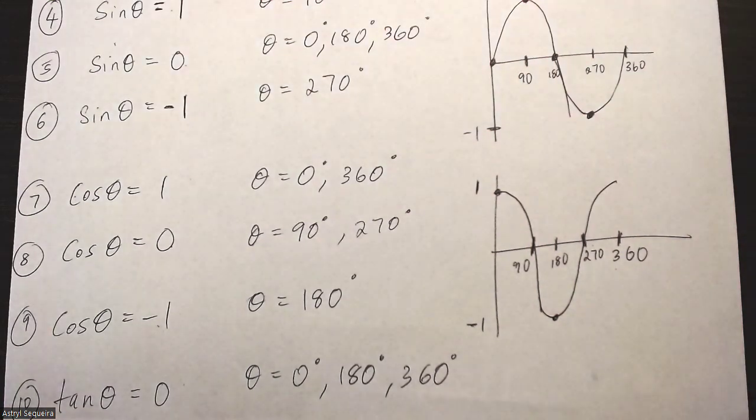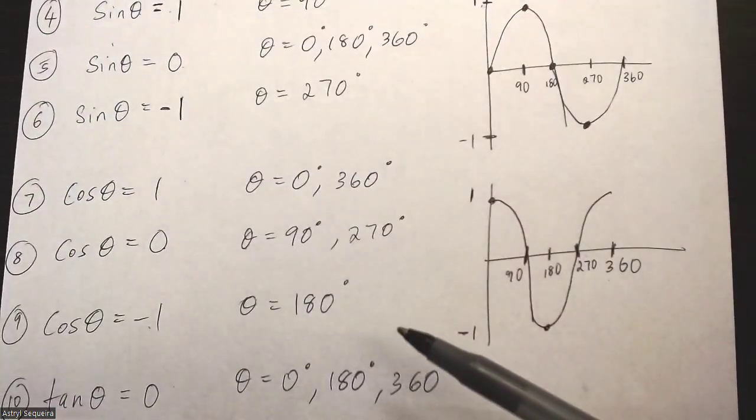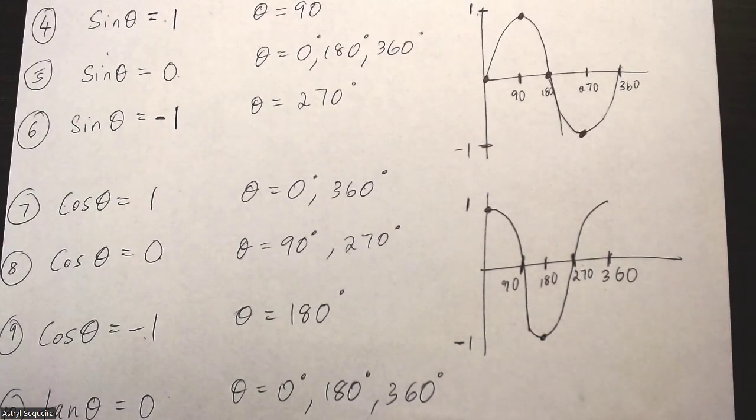So if it's not between -1 and +1, sine and cos have no solutions. And these 7 exceptions for sine, cos, and tan have to be solved using the graph. Every other question you do will always use cast rule and will always have two solutions between 0 and 360 degrees.